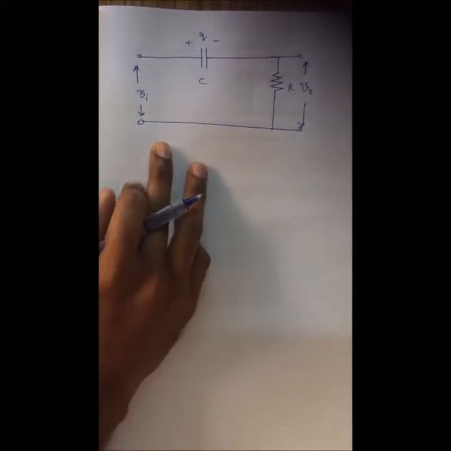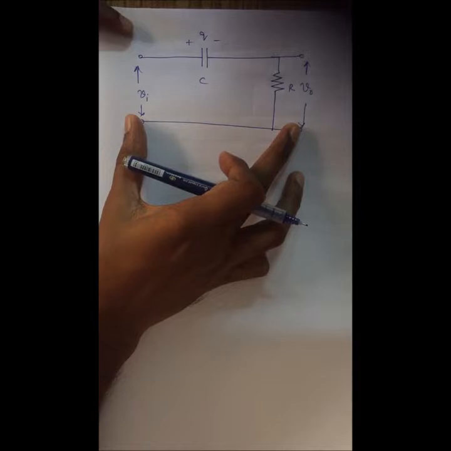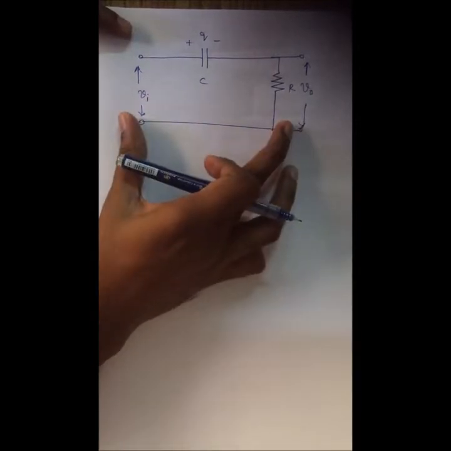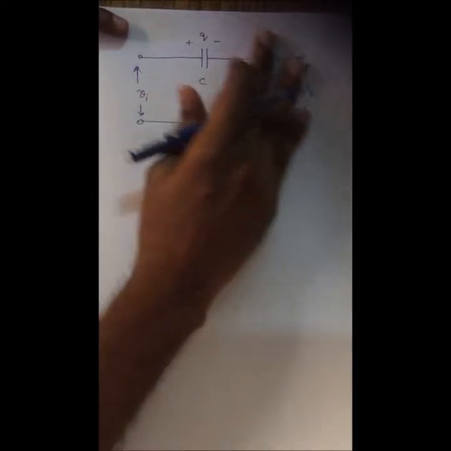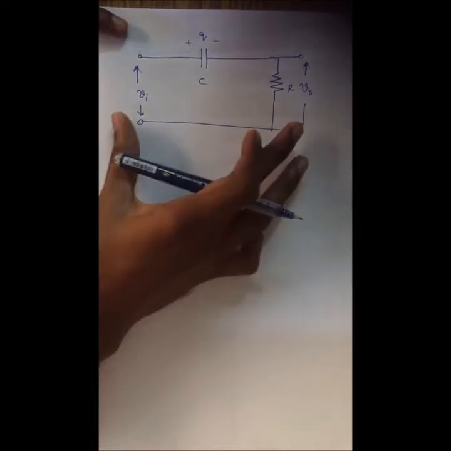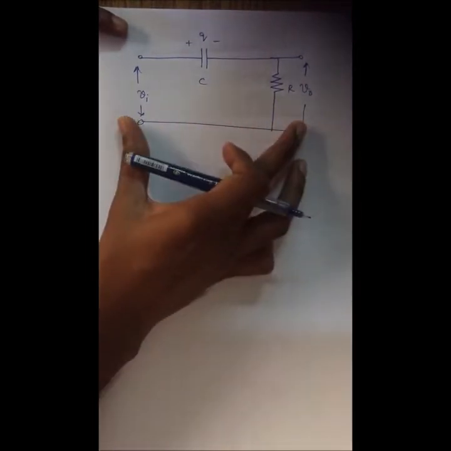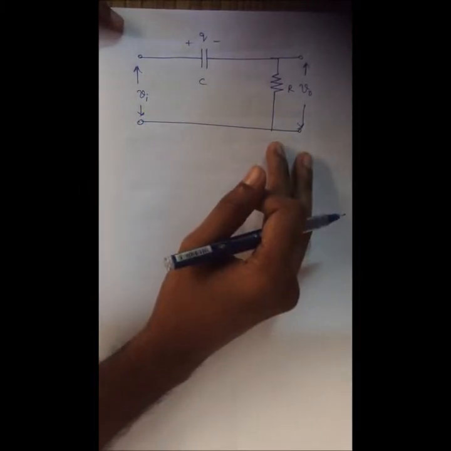So in this unit, we are going to consider this simple transmission network. This can be called a capacitive coupling network. It is used in most of the circuits to introduce a DC isolation between the input and output.